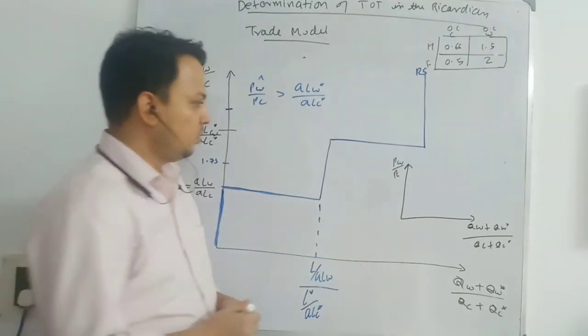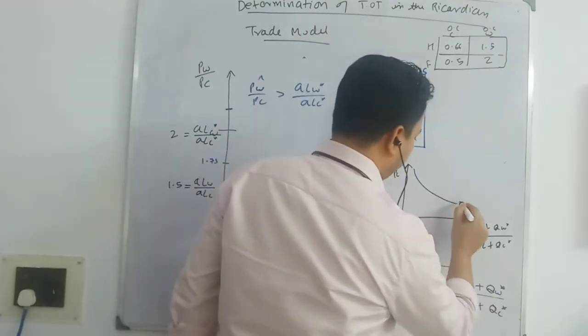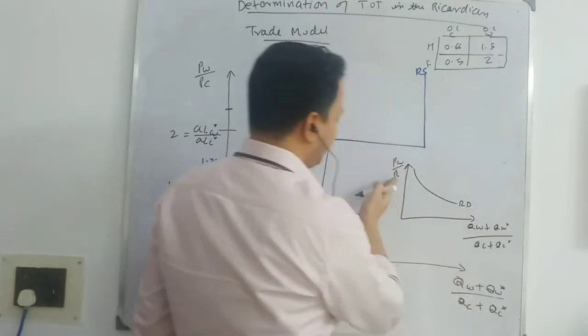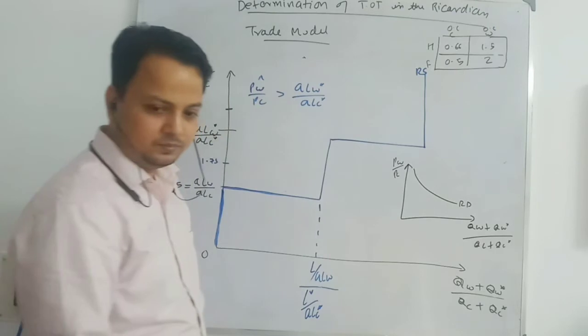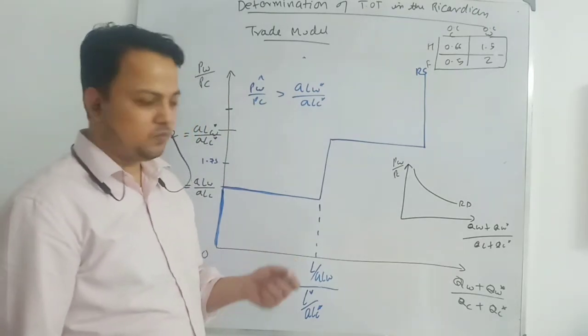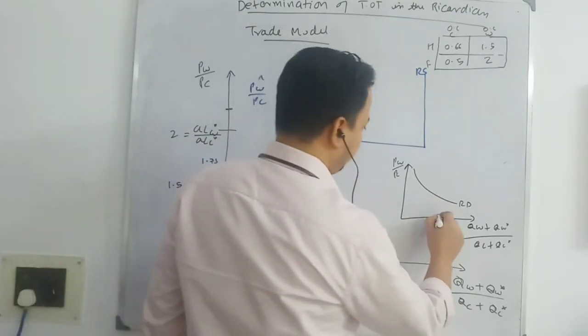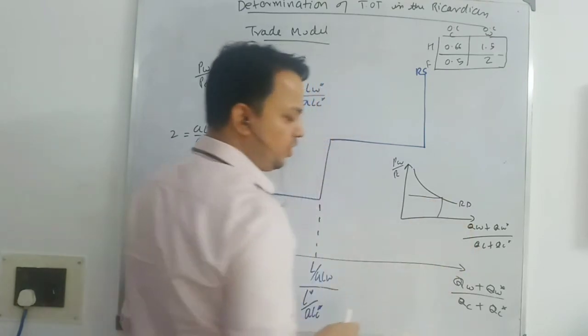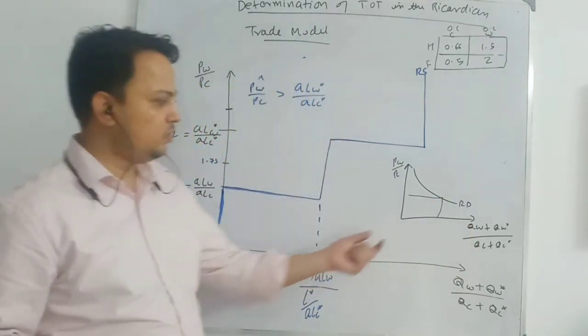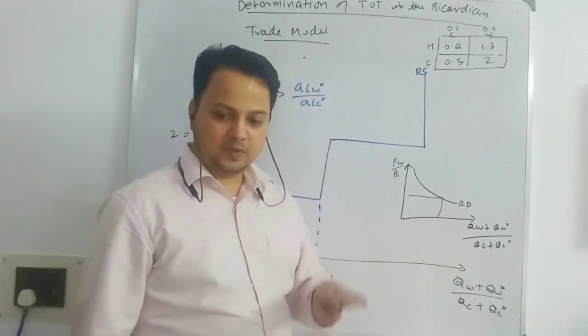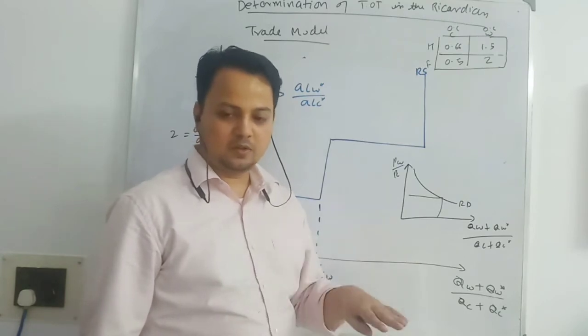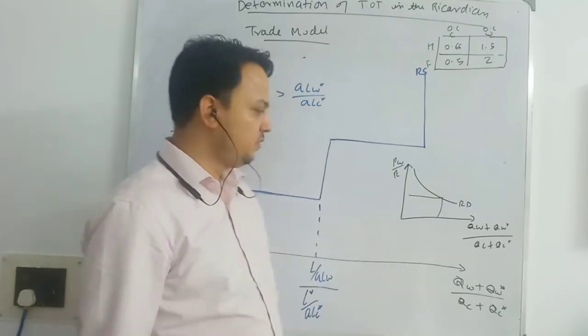Look at this. When I am saying the relative demand curve is downward sloping, suppose the relative price of wine increases. What will consumers in both countries do? Their relative quantity of wine will decrease. That means consumption of wine will decrease and consumption of cheese will increase.